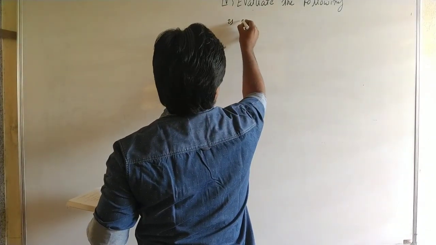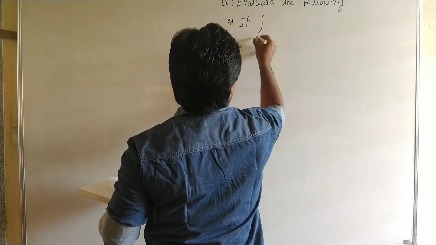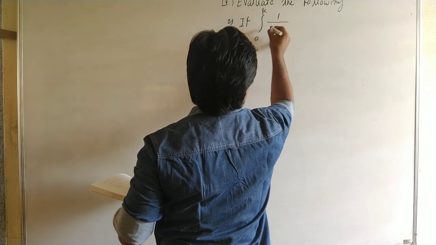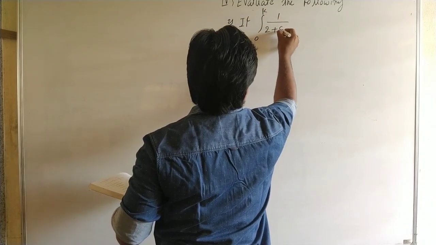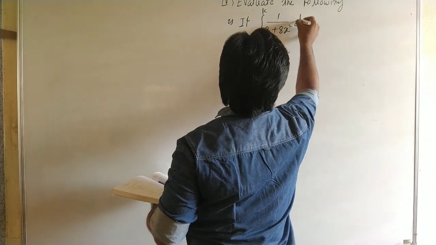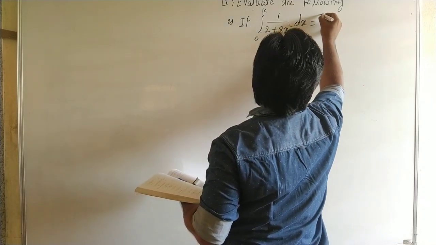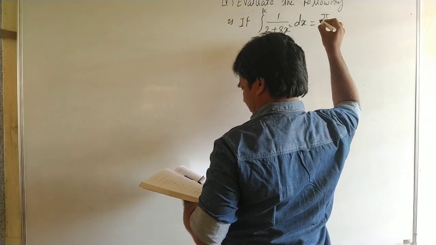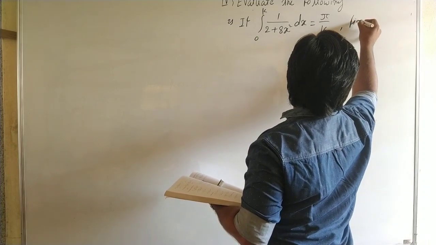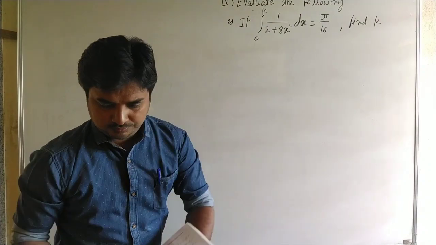Second, if integral 0 to k 1 upon 2 plus 8x square dx is equal to pi by 16, then find k. Okay, here.